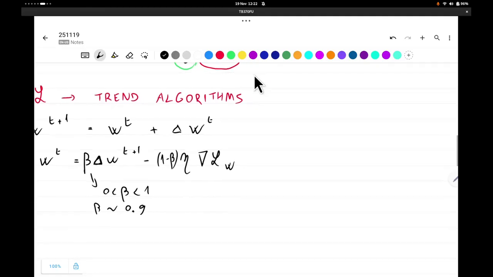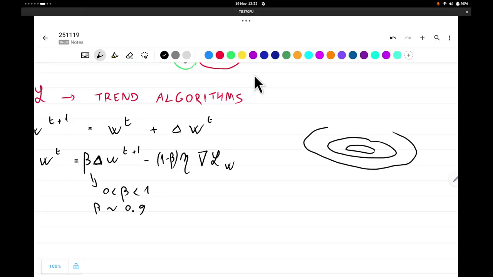So the idea here is the following. Let's say that we have a sketch of an asymmetric function in 2 dimensions. So these are the contour levels. And we want to get to the minimum here. The point is that the gradient in this direction is much shallower than the gradient in this direction.